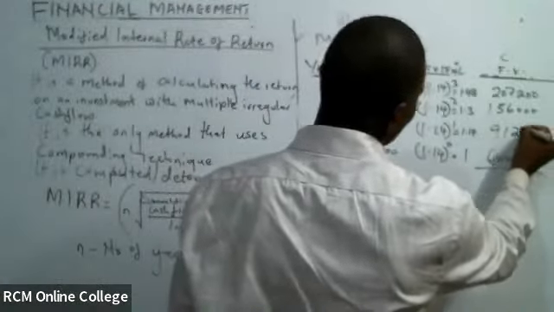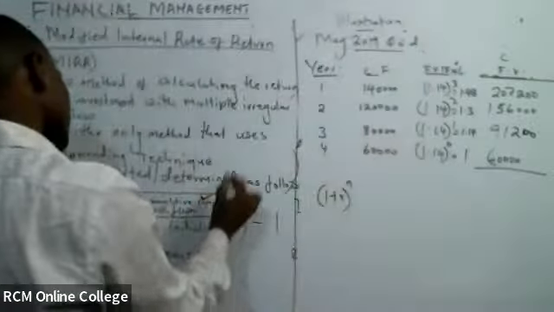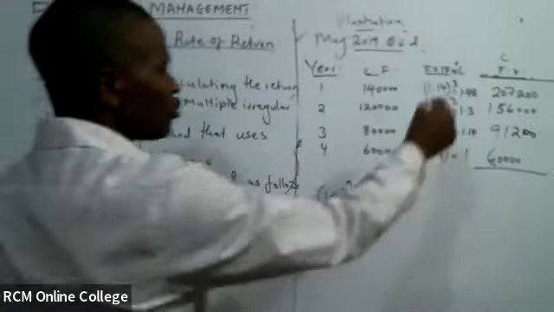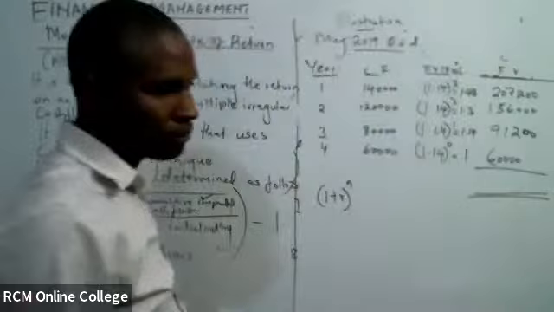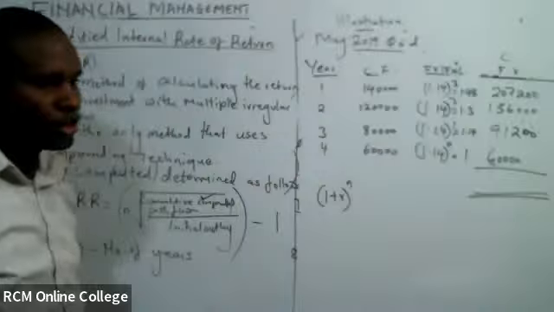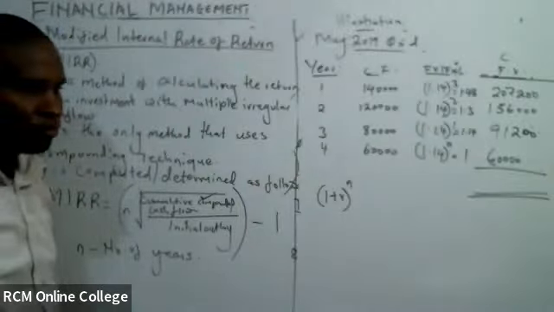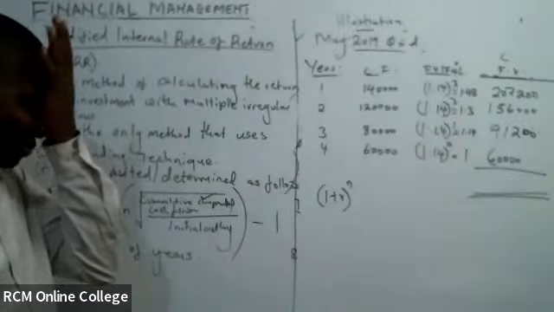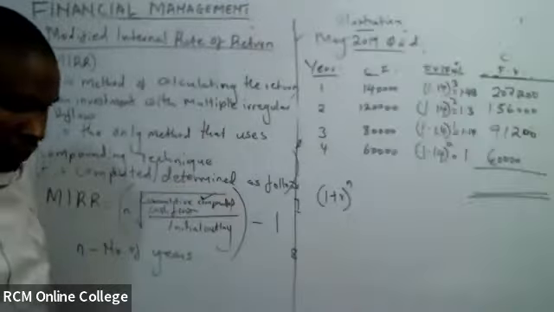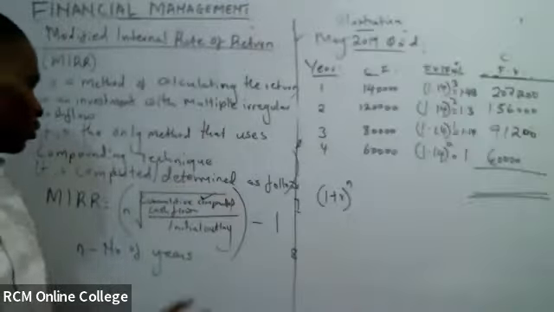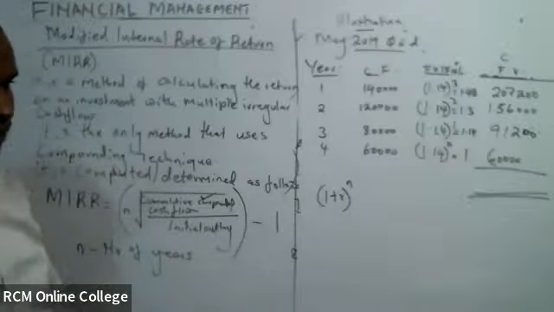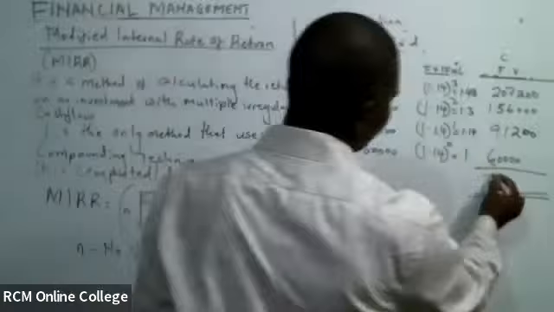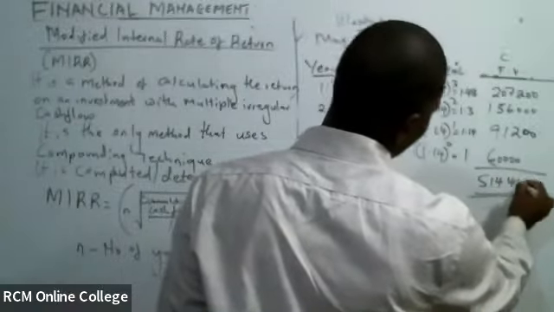91,200. Now we want to get our cumulative compounded cash flow. Si unaongeza hizi zote. Cumulative compounded cash flow ni ngapi? Ongeza hizo zote. Total. Sasa tunakuja kucheza na our roots. 514,400.